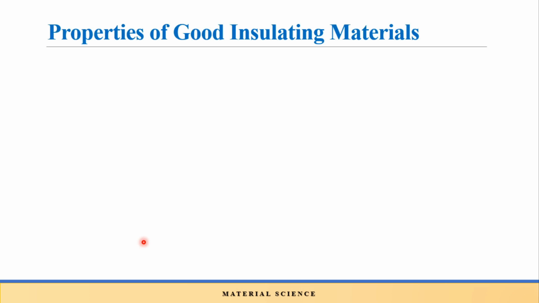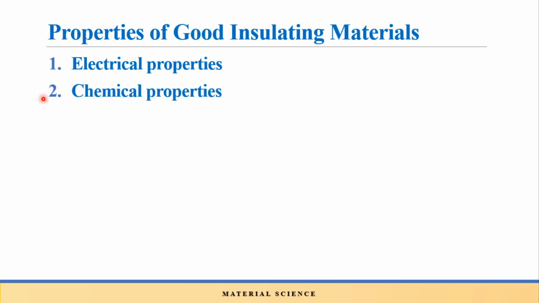Next, properties of good insulating material. If I am talking about the properties of good insulating material, then first of all, I need to consider the electrical properties of an insulating material. Then I can talk regarding the chemical properties. Again, I need to consider the thermal properties, that is the temperature capacity of that insulating material.